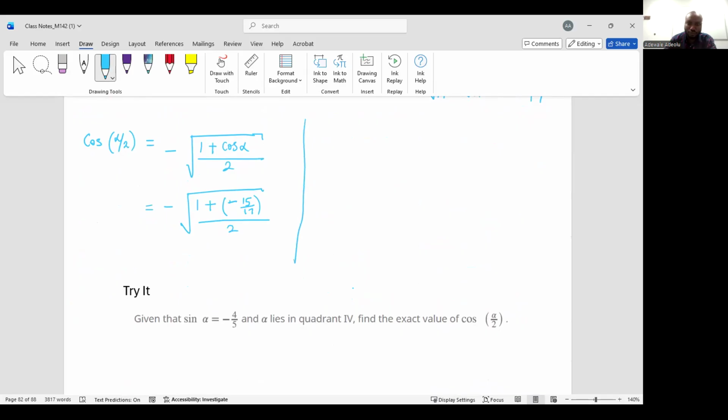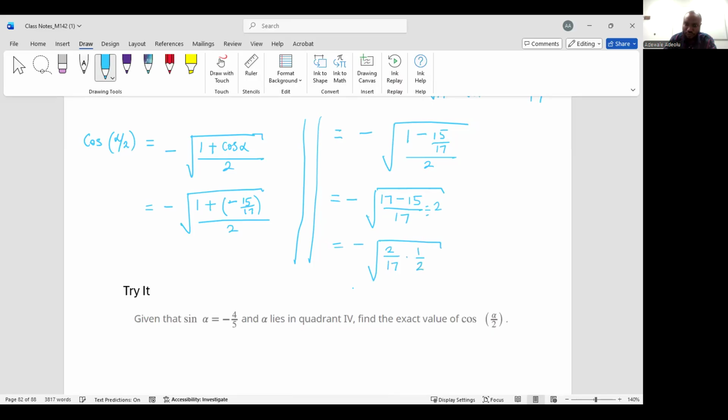So that is minus the square root of 2 over 17 times 1 over 2. 2 here 1, 2 here 1.